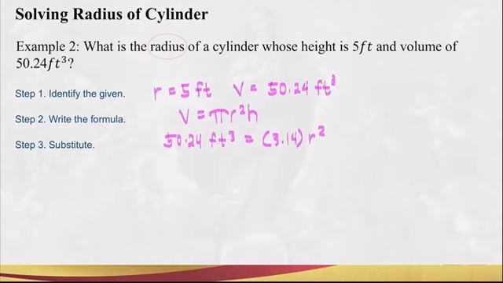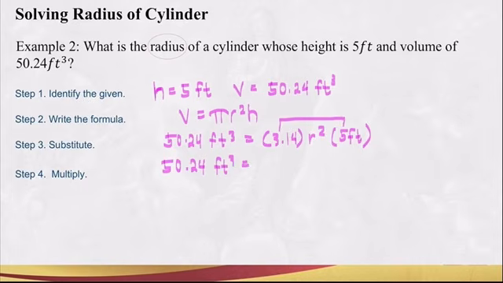Then, yung h natin ay 5 feet. Namali pala ako ng lagay dito, this is height. Next is multiply. Wala naman tayong i-evaluate na exponent. So, proceed na tayo sa multiply. Multiply 3.14 times 5. Write lang ulit natin yung ibang given.